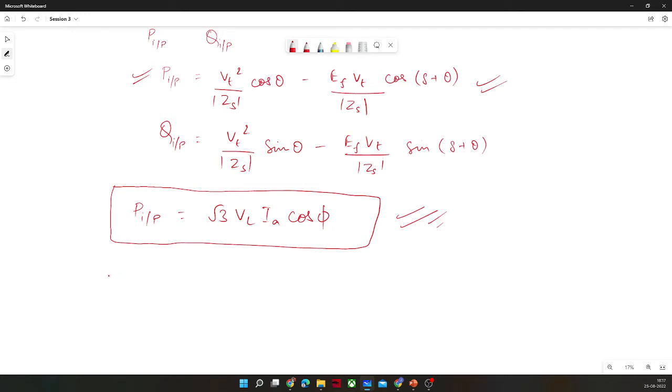Now I will calculate IA here, because the power factor is given, the terminal voltage is given, and the input power is given.